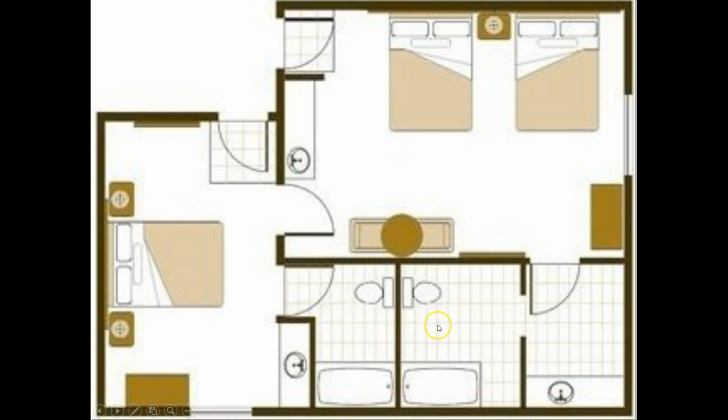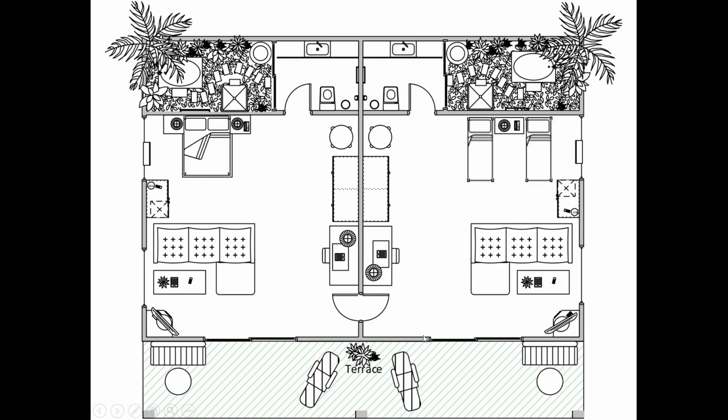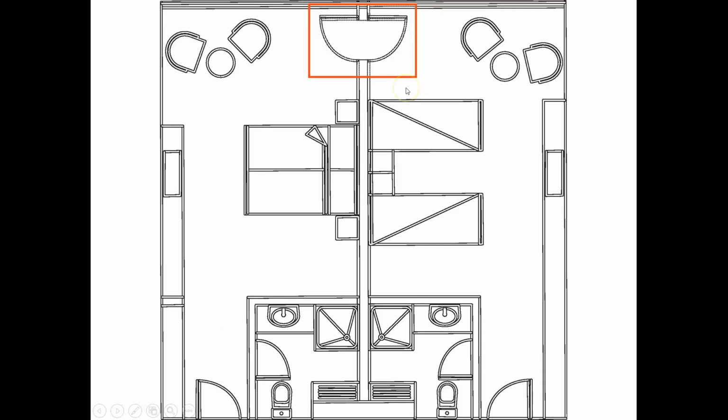It's tempting, because these bathrooms are right next to each other, to think that you might be able to go directly from one bathroom to another. Same thing here. But what you'll notice is there is no door between the bathroom of room A and the bathroom of room B. To get from one to the other, you have to go out to the room, then go through the connecting door, and then back to the bathroom of the other.